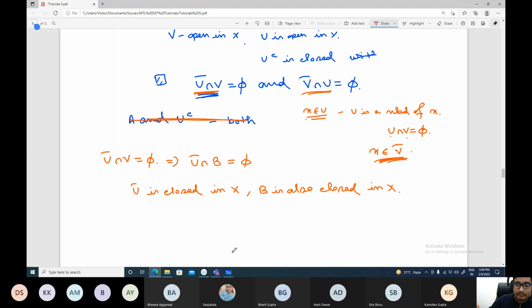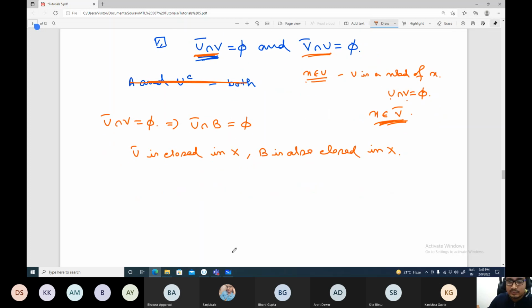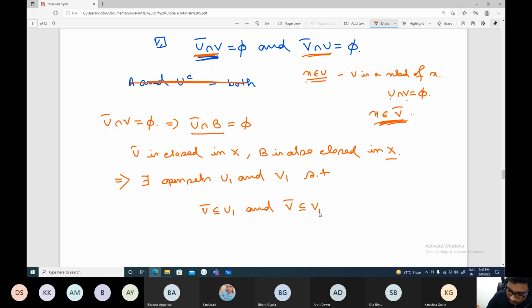Clear? U bar is closed in X, B is closed in X, U bar intersection B is empty, and X is a normal space. So what can we say? There exist open sets U1 and V1 such that U bar is contained in U1 and B is contained in V1.